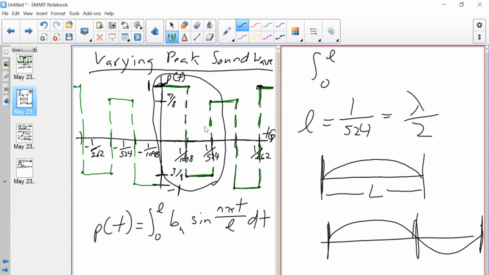We got our answer because we know it's going to repeat every 2 pi radians, or every 1 over 260 seconds. So this is basically our 2 pi that we normally see in our periodic sine and cosine functions. We just have a different period, 1 over 262, and it repeats every 1 over 262.